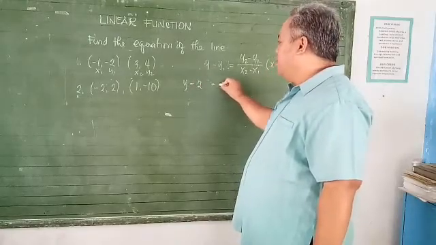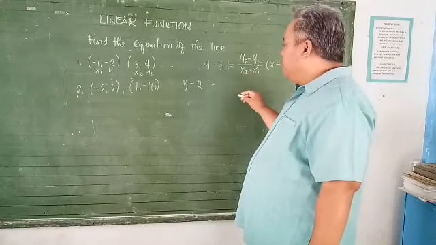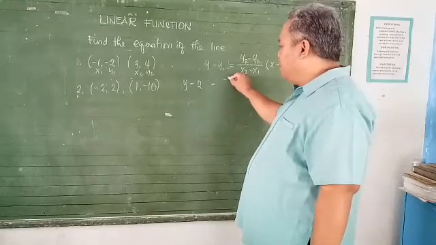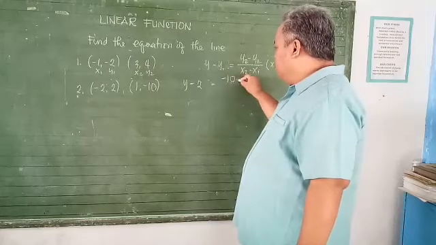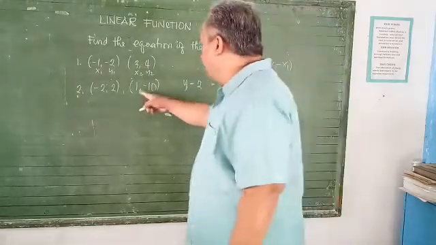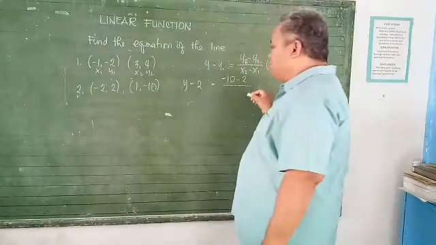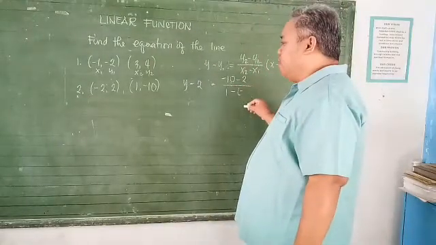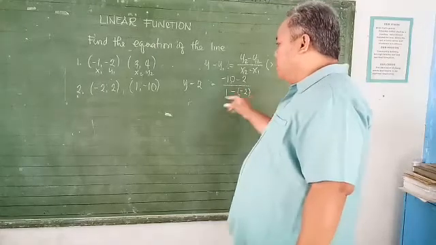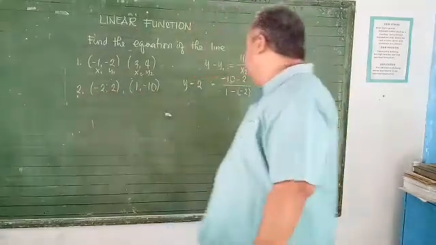And then your y sub 2 is negative 10. So negative 10 minus 2 over your x sub 2, which is 1 minus negative 2, x sub 2 and x sub 1.